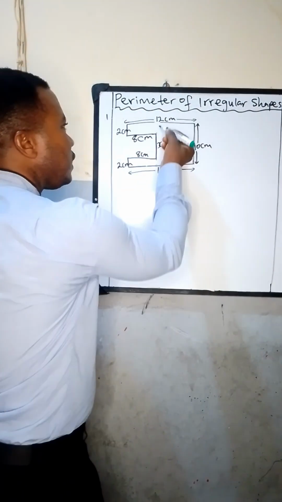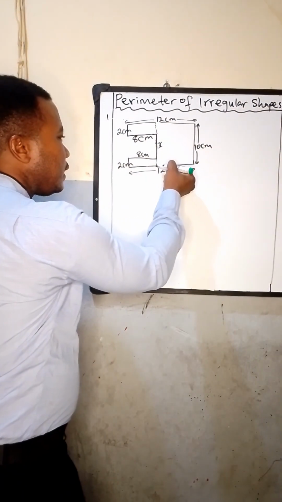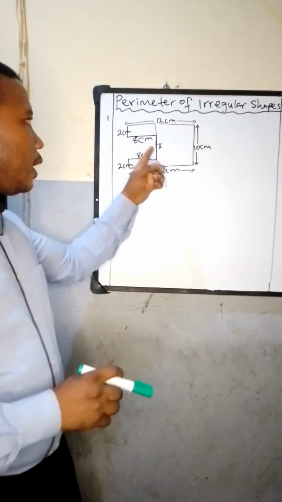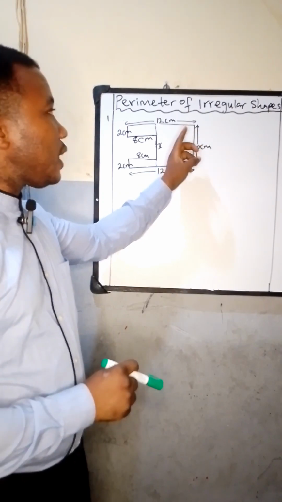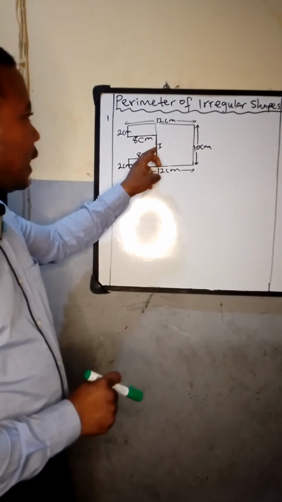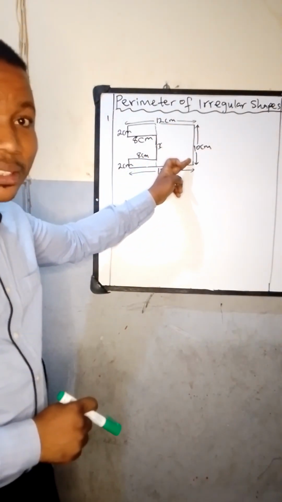And if you look closely here, from here to here, this is the opposite. We usually get the unknown length from the opposite known side. Now this is the opposite of this x side, and the opposite of this x side, we have 10 centimeter here.